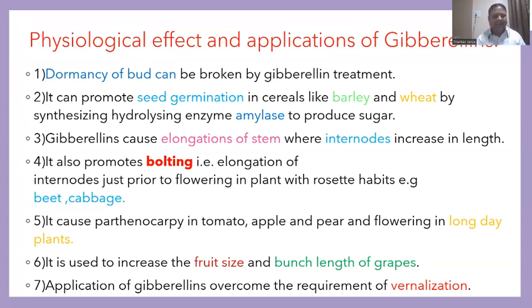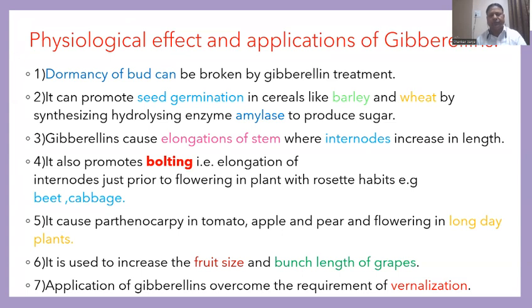Next, gibberellin can promote seed germination in cereals like barley and wheat. Barley and wheat immediately sprout by the application of gibberellin. So seed germination is promoted in cereals like barley and wheat by synthesizing the hydrolyzing enzyme amylase to produce sugar in the endosperm.